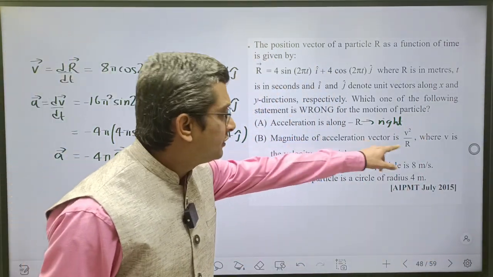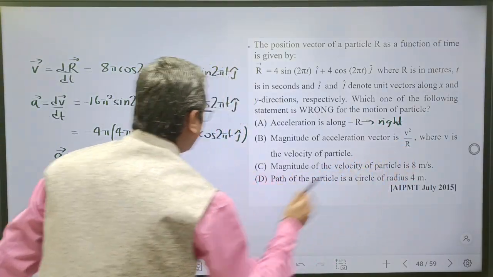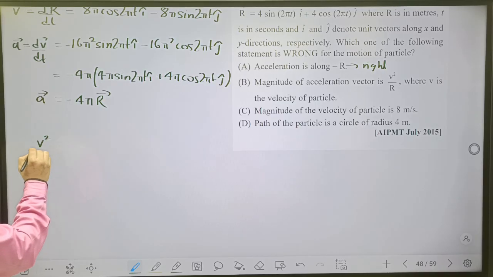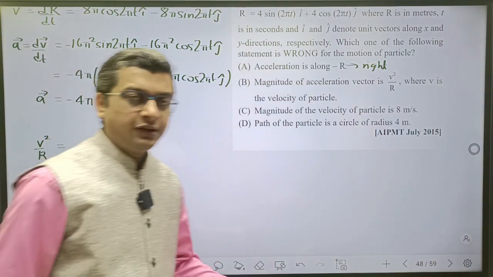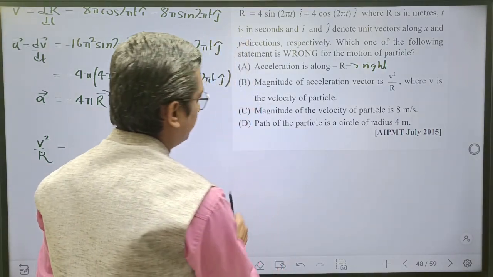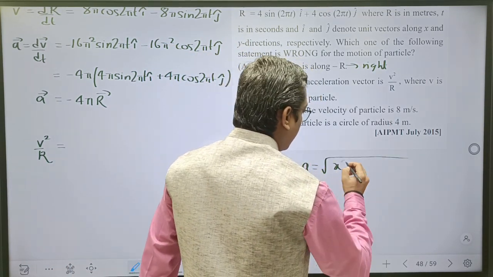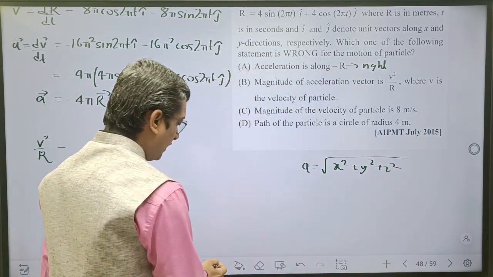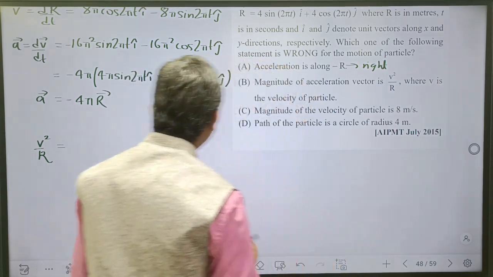Now we have to find the magnitude of acceleration, and it is given by v square by r. So let us first check v square by r, that is, the square of the magnitude of velocity. As you all know, the magnitude of any vector is given by the square root of x square plus y square plus z square, where x, y and z are the coefficients of i cap, j cap and k cap respectively.